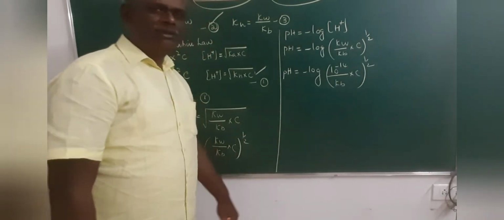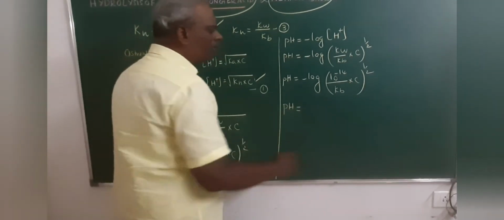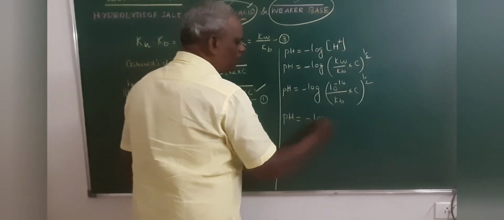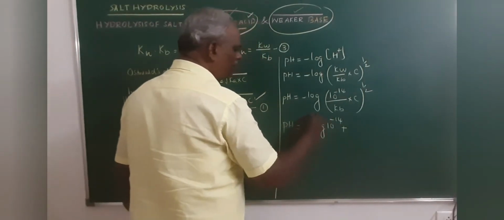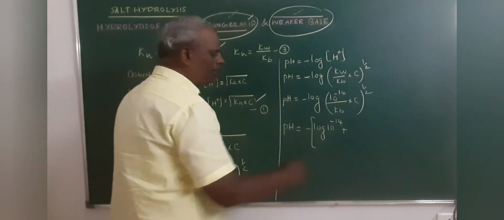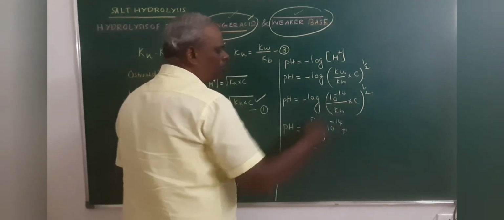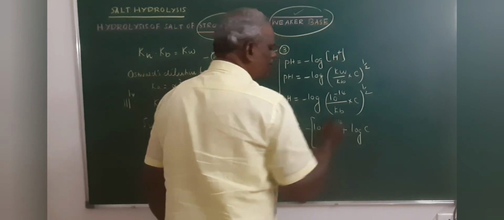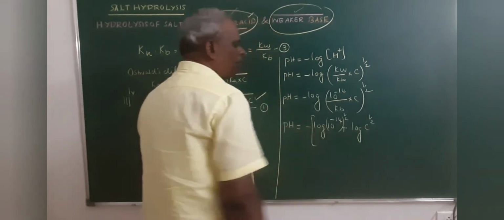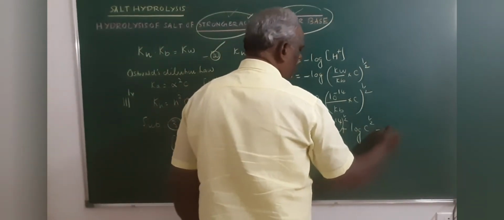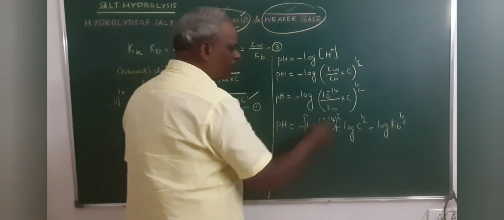This is expanded as follows: pH is equal to minus log of, inside a bracket, log 10 power minus 14 plus log C, both having the power half, and minus log Kb power half, because Kb is in the denominator.